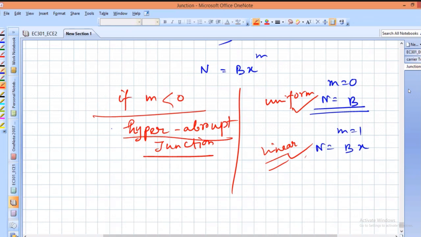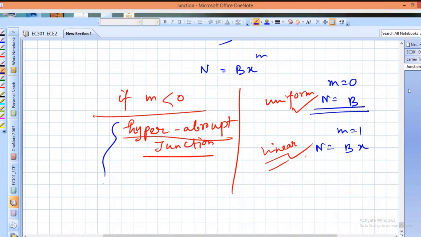I have not previously mentioned this type of junction by this name. So what is a hyper-abrupt junction, students?